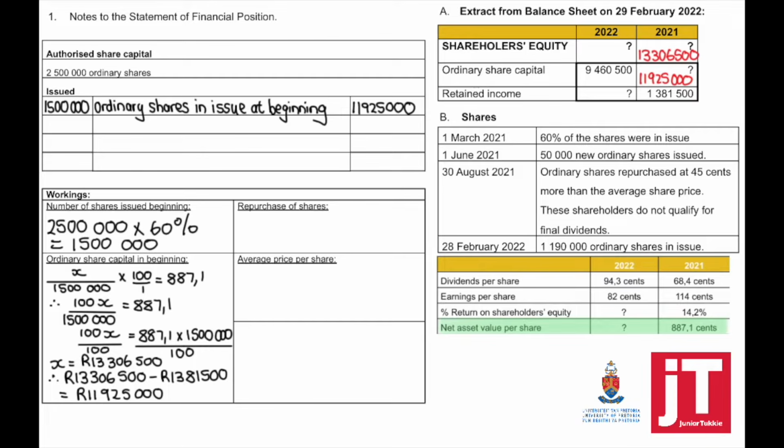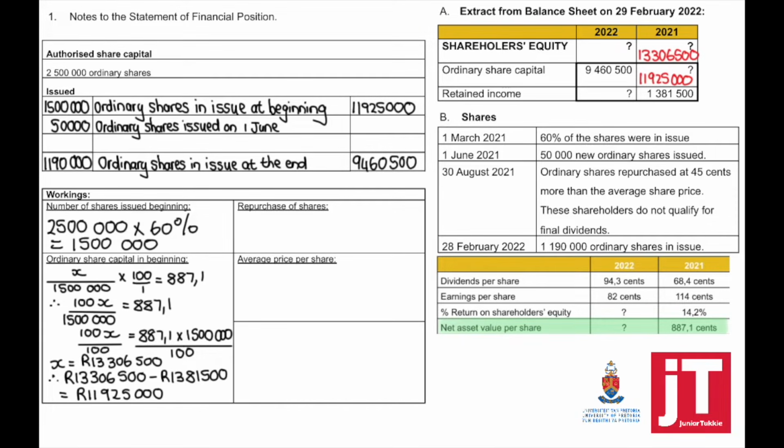On 1 June 2021, 50,000 new ordinary shares were issued, so they didn't provide us with the amount per share or the total. They only said to us 50,000 shares were issued.